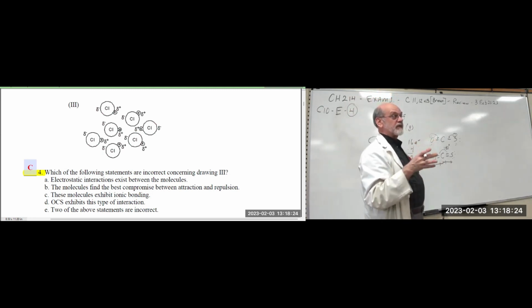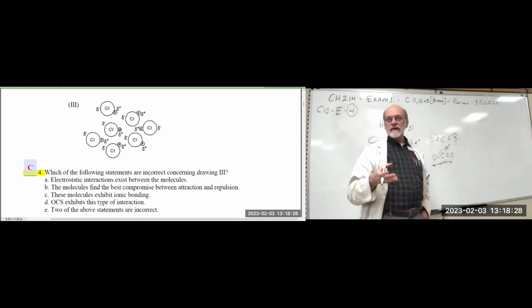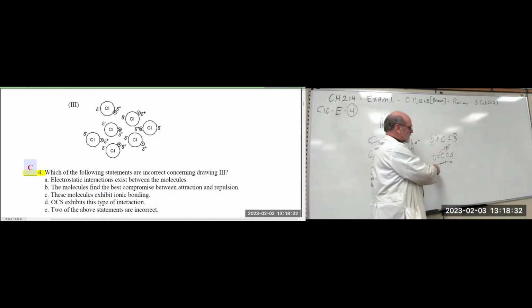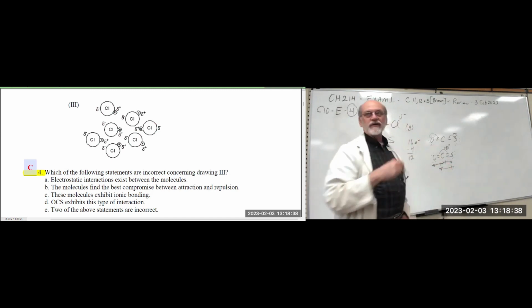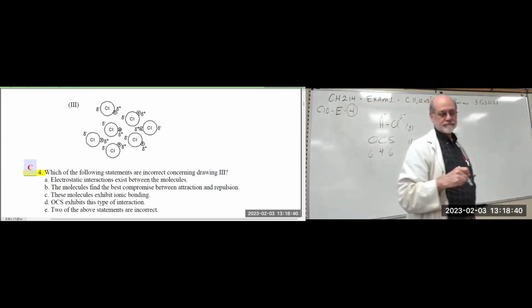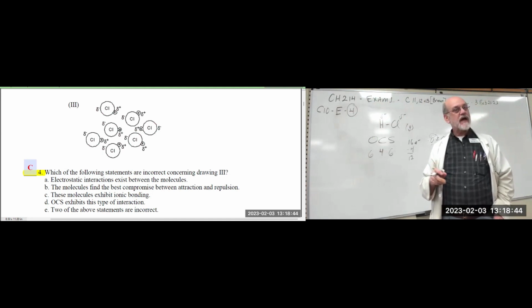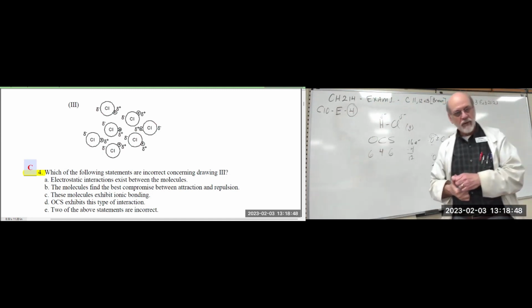Well, what are your trends? Below and to the left is a lower electronegativity. So oxygen is going to be more electronegative than sulfur, and overall you're going to have a polar molecule in that direction. So yes, OCS exhibits this type of interaction, the polar bonding.